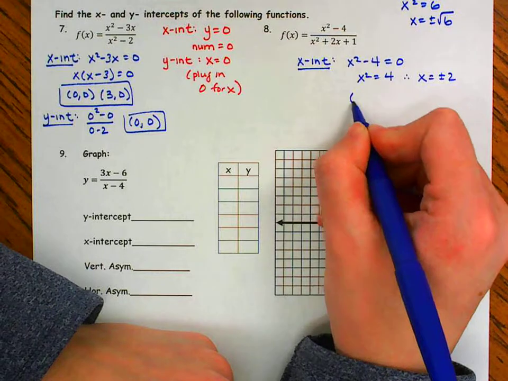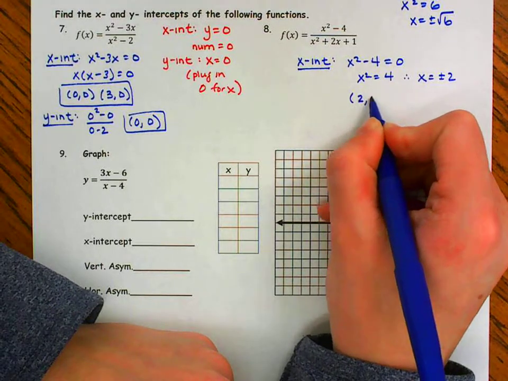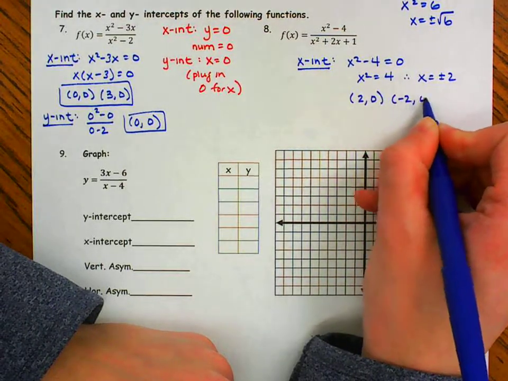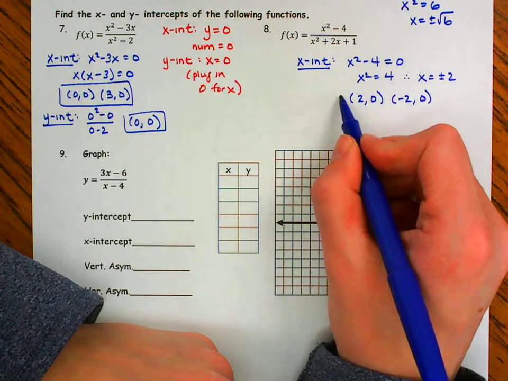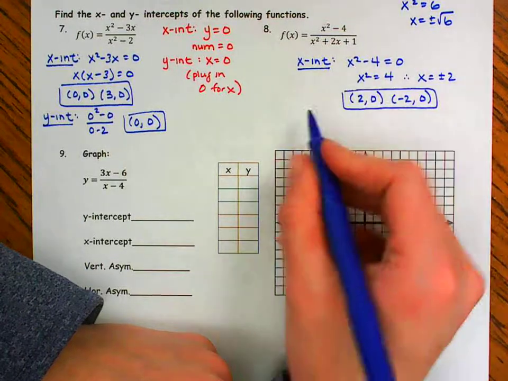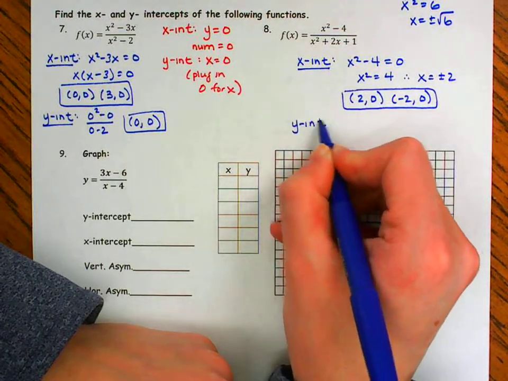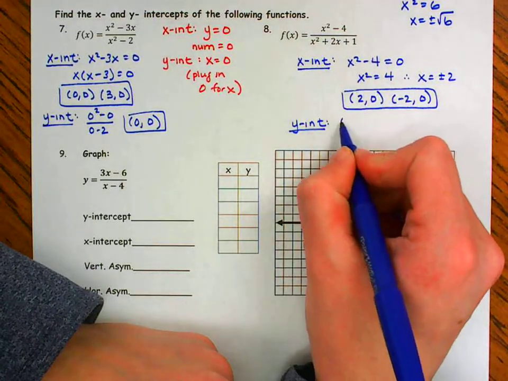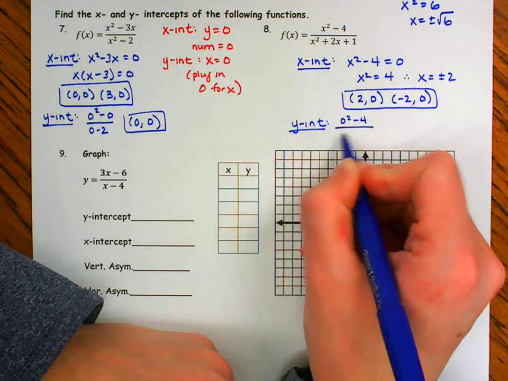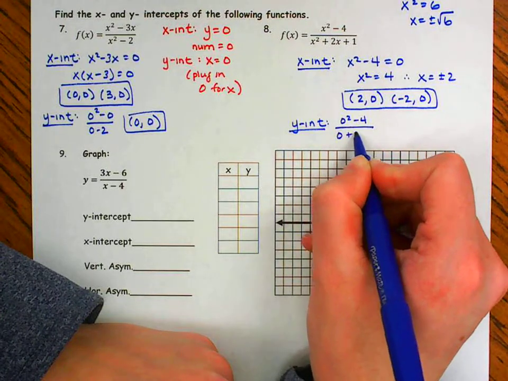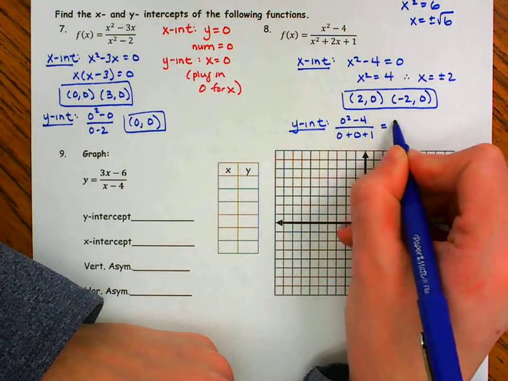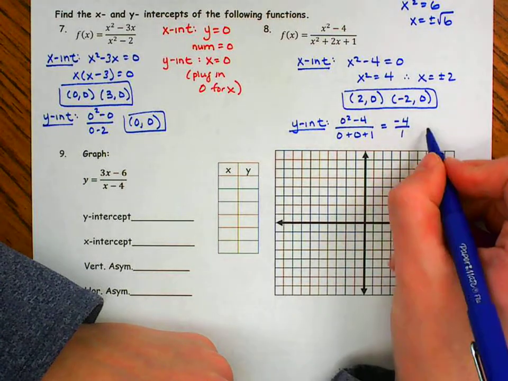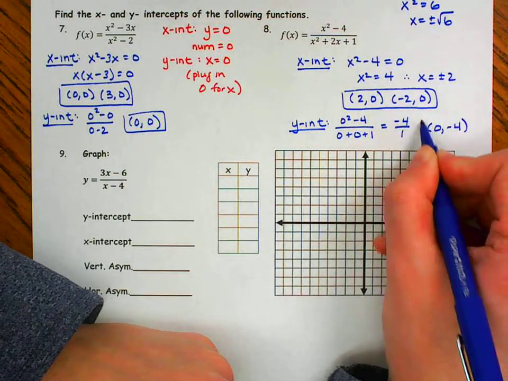So my x-intercepts, when I plugged in 2, I got out 0, and when I plug in negative 2, I get out 0, because remember, we want it to equal 0. Okay. My y-intercept is what happens when I plug in 0. So if I plug in 0, I'm going to get 0 squared minus 4 over 0 squared plus 0 plus 1. That simplifies down to this. So when I plugged in 0, I got out negative 4.